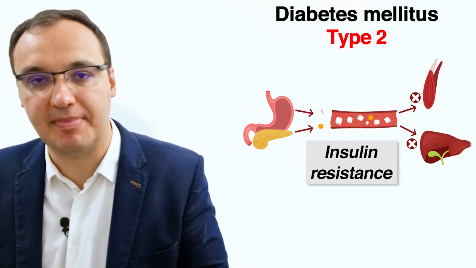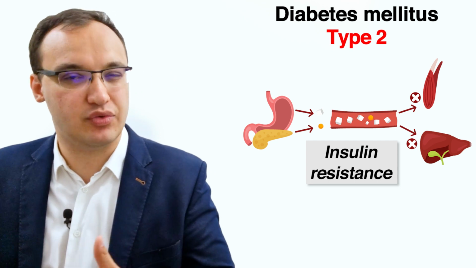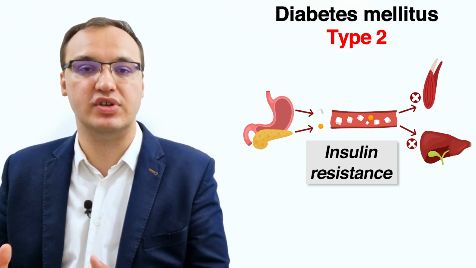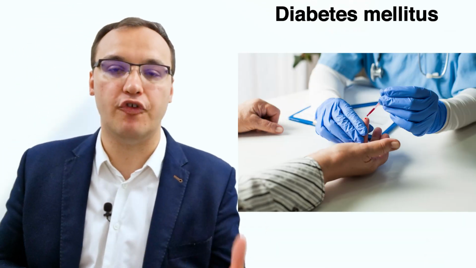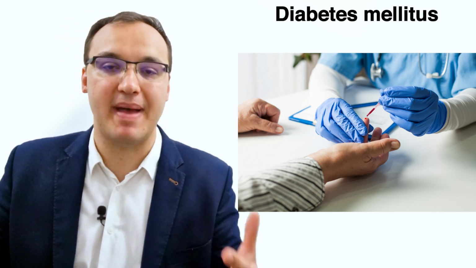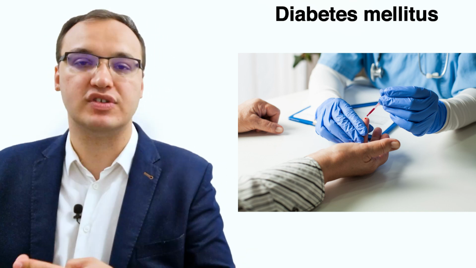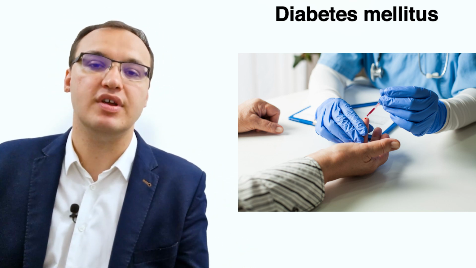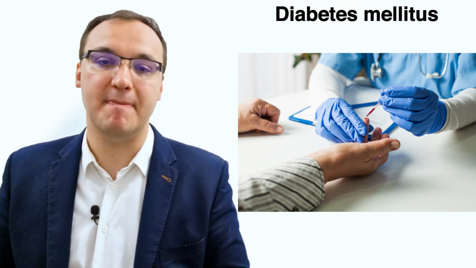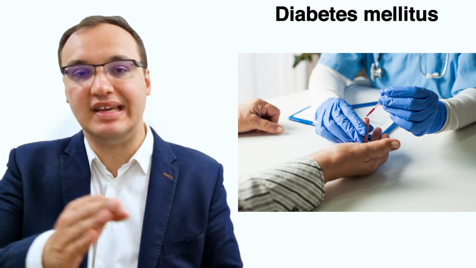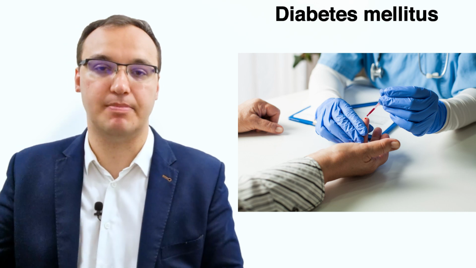Type 2 diabetes is characterized by variable degrees of insulin deficiency and resistance. Diabetes is often diagnosed and managed by checking your blood glucose levels in a blood test. However, sometimes genetic testing may be required to confirm the type of diabetes affecting the patient.